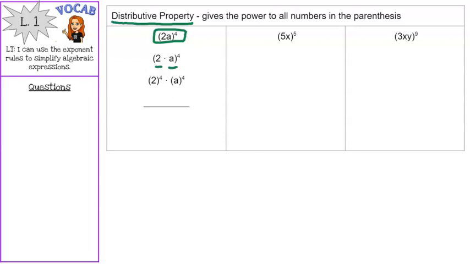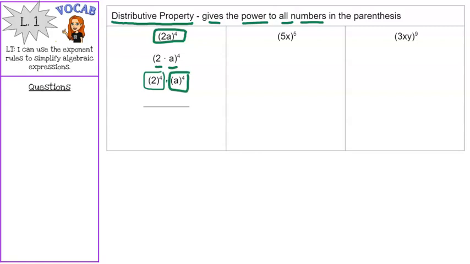And then we apply the distributive property. We give the power to all the numbers or variables, because variables are just a number placeholder, in the parentheses. So we give the 4 to the 2, and then we give the 4 to the a. Still multiplication in the middle. We're just separating that out. And then the last thing that we do is we just simplify what we can.